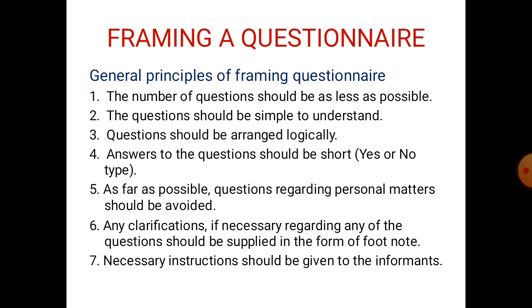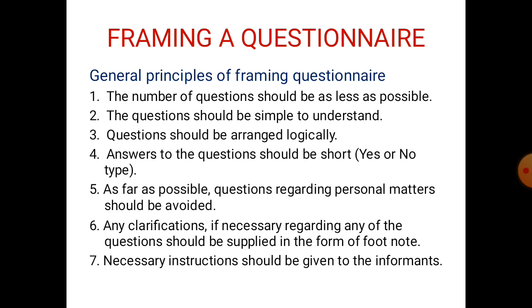Fourthly, answers to the questions should be short. That is, dichotomous questions you have to use. Dichotomous questions means the questions which have only two responses, like yes or no type. This type of questions should be used. Next, as far as possible, questions regarding personal matters should be avoided because there may be sensitive information which may cause embarrassment or harm the respondent's feelings or image.